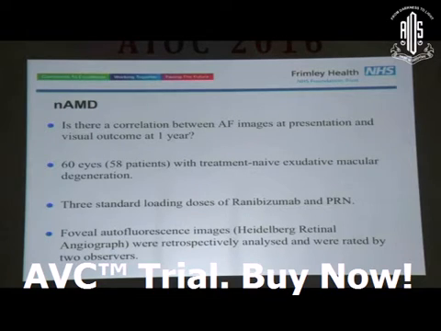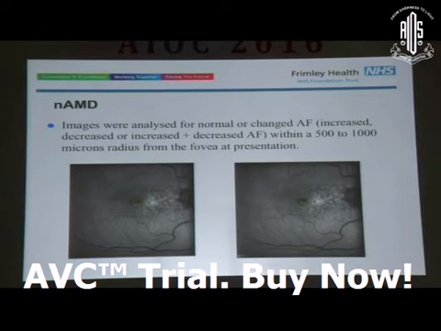However, the foveal autofluorescence images that we used in the study were retrospectively analyzed, and they correlated very well statistically between the two observers. So, i.e. saying that the imaging technique itself can be used.